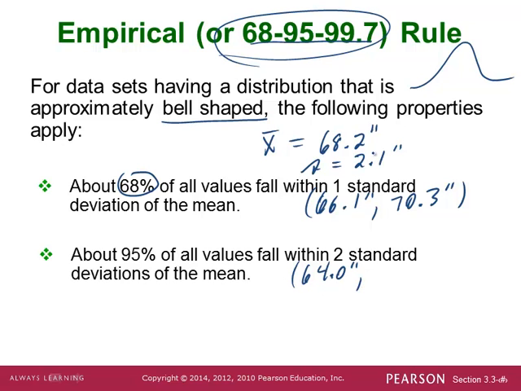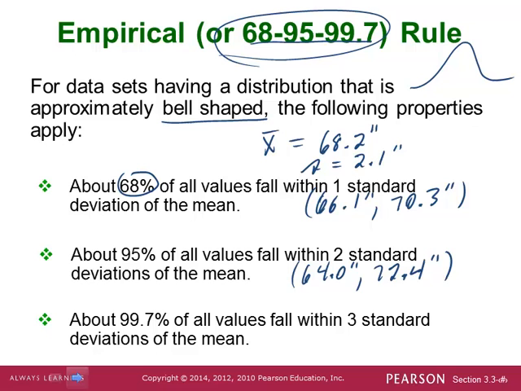If you were to take 68.2 plus 4.2, you would have 72.4. So there we've got the mean plus or minus 2 standard deviations. So we would expect about 95% of the guys in my sample, or in the distribution as a whole, to have heights between 64 and 72.4 inches.